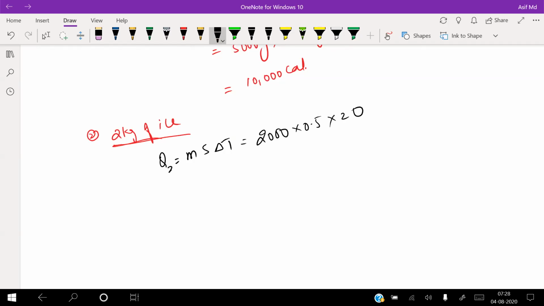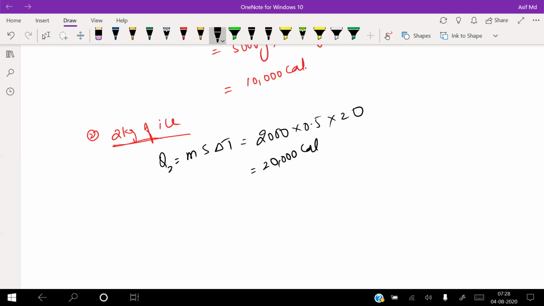So that comes out to 1,000 into 20, 20,000 calories.